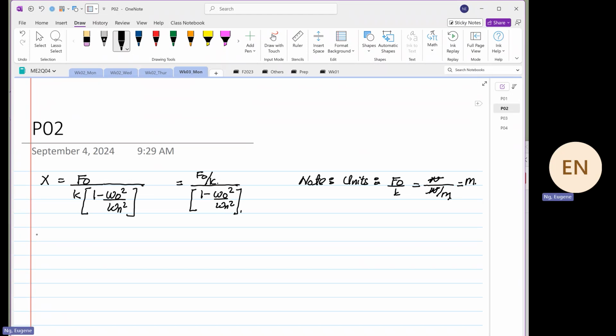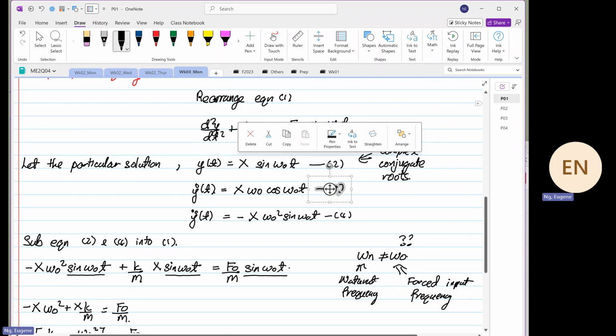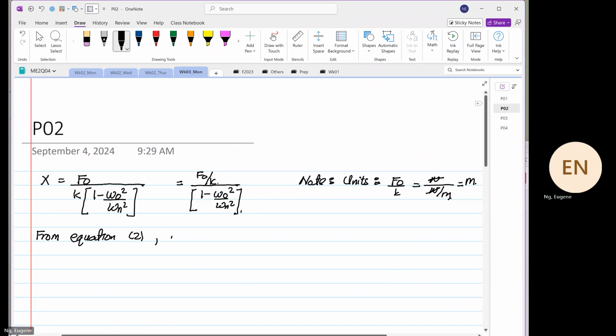So from equation number 2, remember equation number 2, we have y as a function of time, which will be equal to x sine omega naught t.